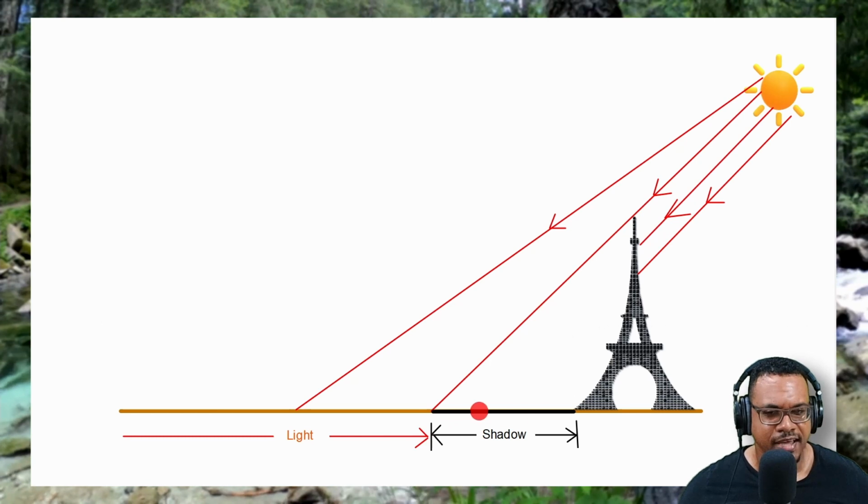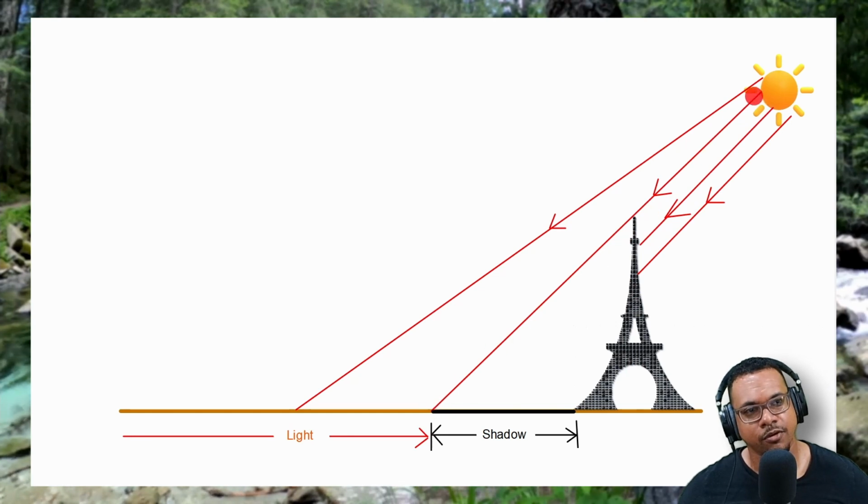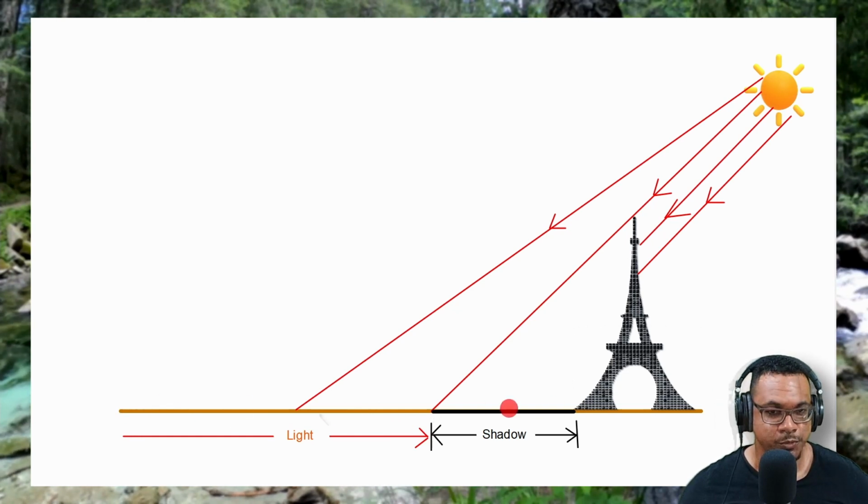So here I have this black line to represent the shadow. So from here to here we'll have the shadow, because in this portion the rays of light are being blocked by the building, and then this first ray of light passes through here, and from here onwards these rays of light will pass through. So we have light on the surface here. All right, and then here would be the shadow.